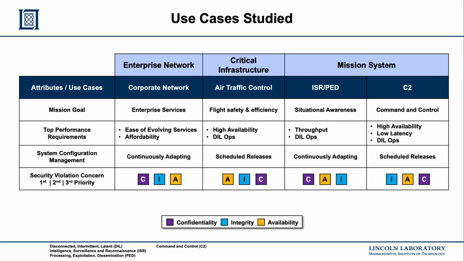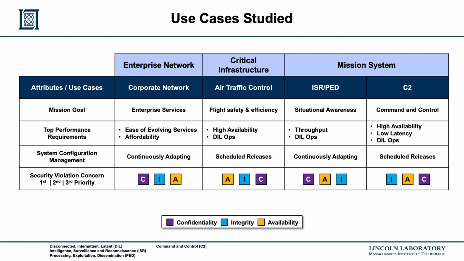I will draw your attention to thinking through the security violation concerns of priority is very important. What your most important concerns are for each one of these systems will be different. In some cases, like an enterprise network, it may be that confidentiality is the top concern. For critical infrastructure, particularly one related to flight safety and efficiency, like air traffic control, availability is very important.